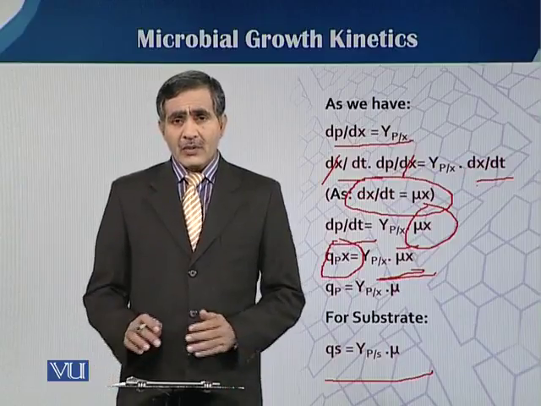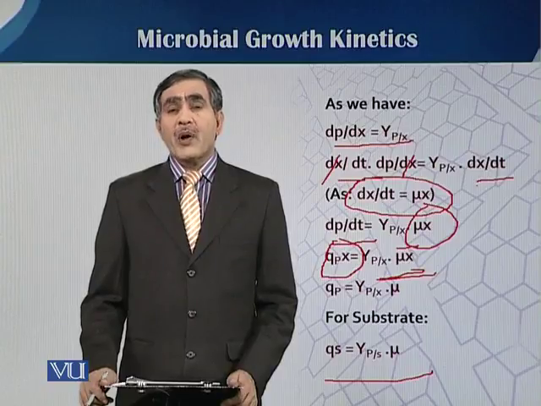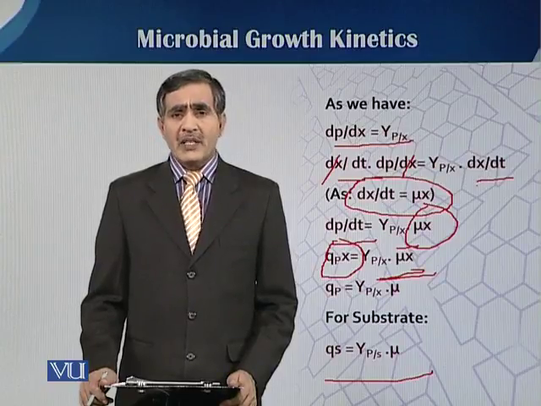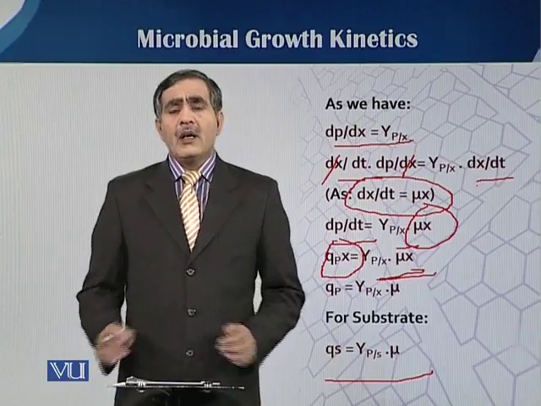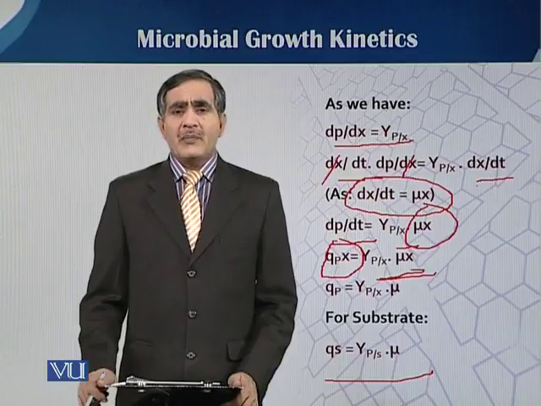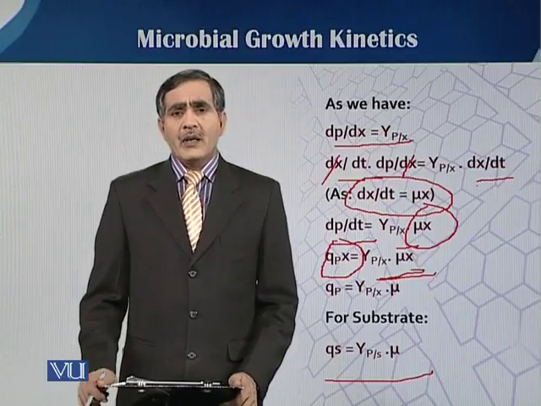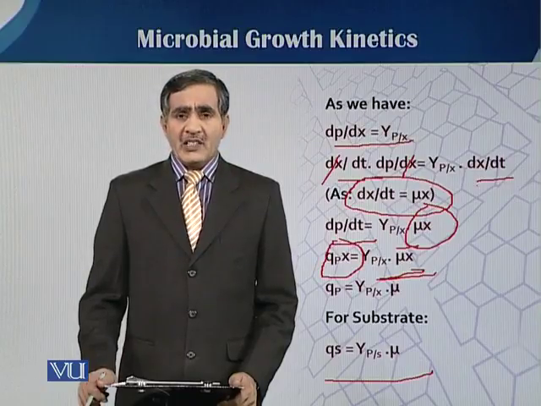So this can be the final equation with respect to the process kinetics during batch fermentation. And this process kinetics is discussed by Pirt in detail in his book dealing with fermentation kinetics.